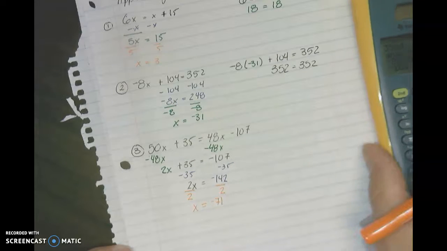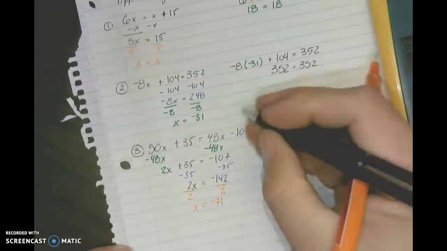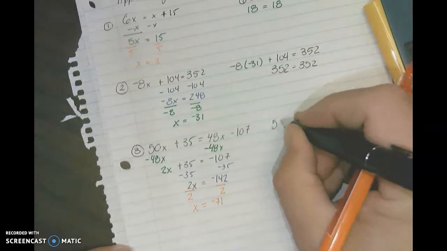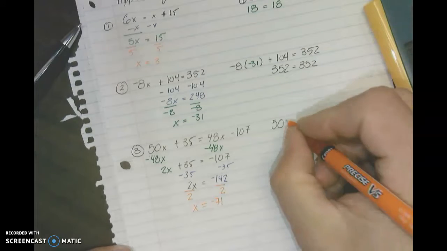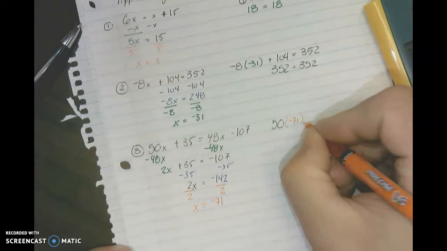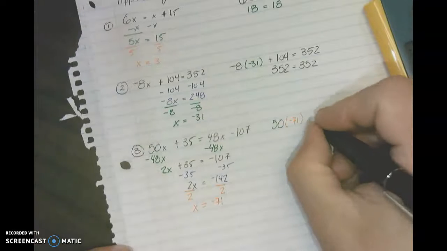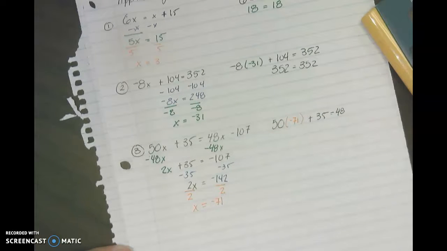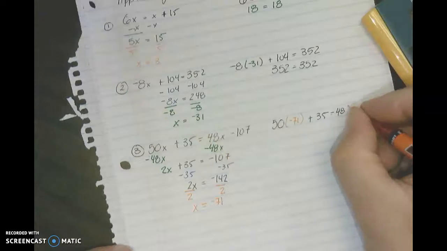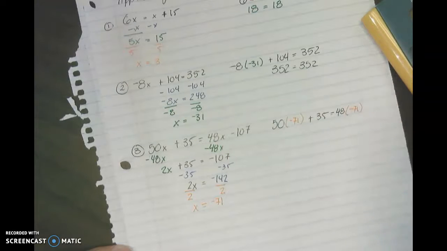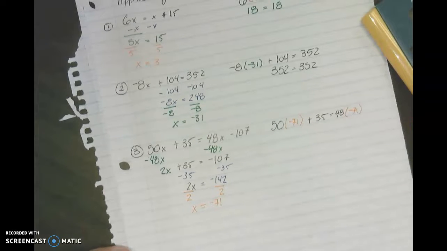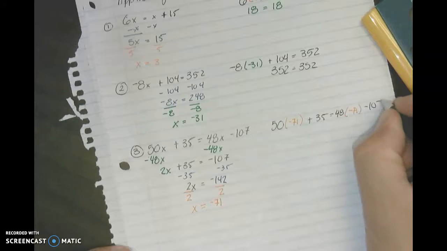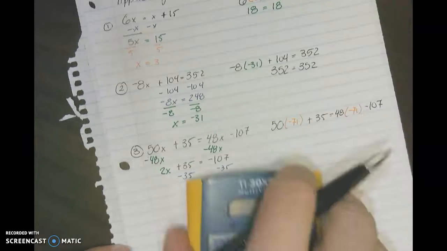All right. So then time for my check. So I'm going to go 50. Anywhere there's an x, I'm going to put my negative 71. So plus 35 is equal to 48. And then negative 71. And then make sure minus 107. So then use my calculator.